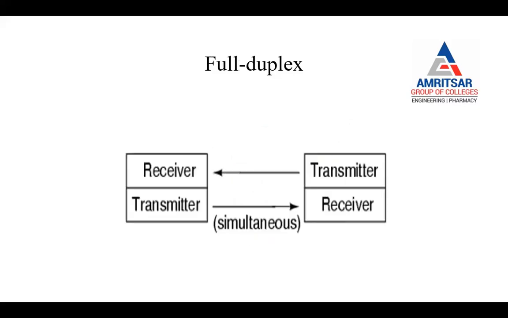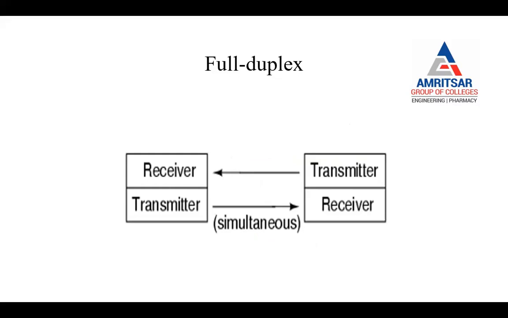So next we have the full duplex mode. In full duplex mode, also we can say just duplex, both stations can transmit and receive simultaneously. The full duplex mode is like a two-way street with traffic flowing in both directions at the same time. In full duplex mode, signals going in one direction share the capacity of the link with signals going in the other direction.